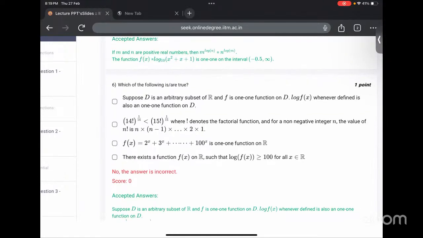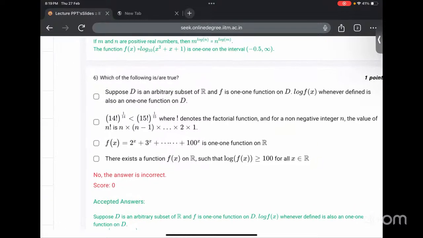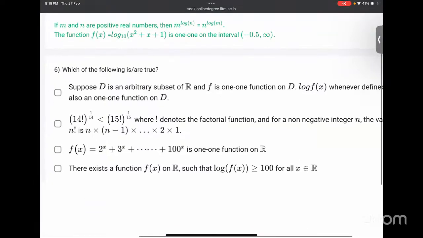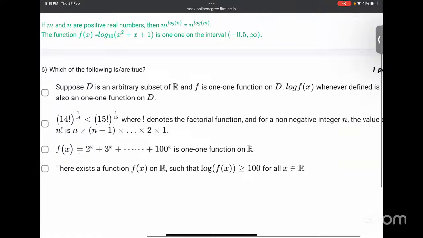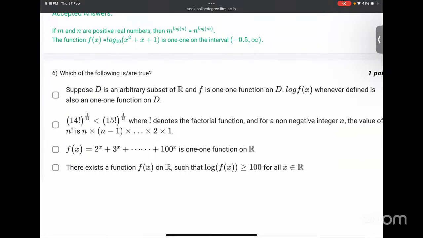If 1-1, then what is the justification? Any one of you can unmute yourself and let me know. It is true or false?